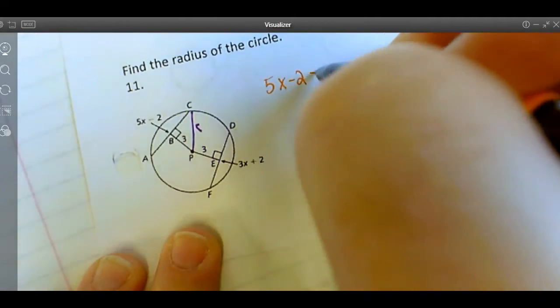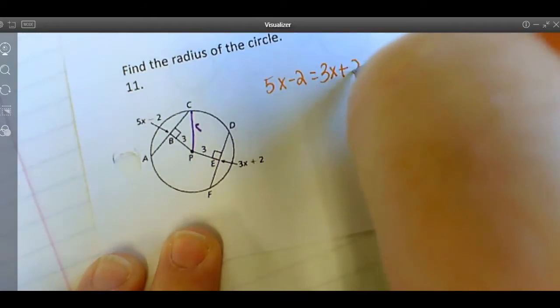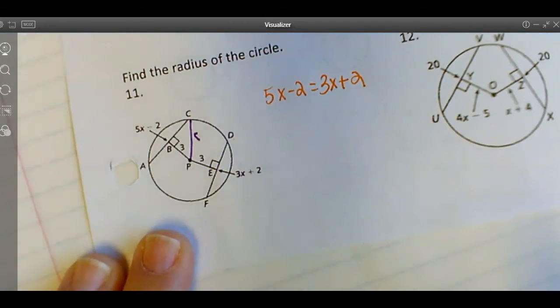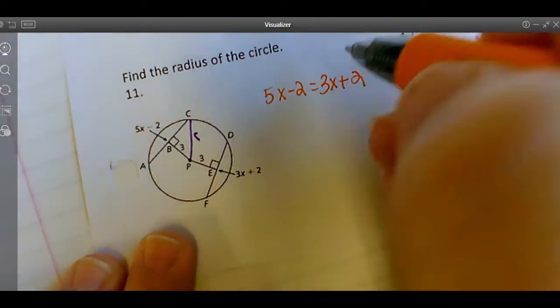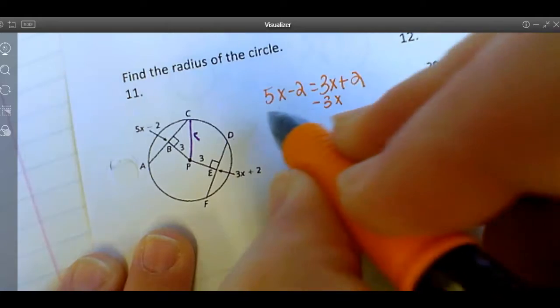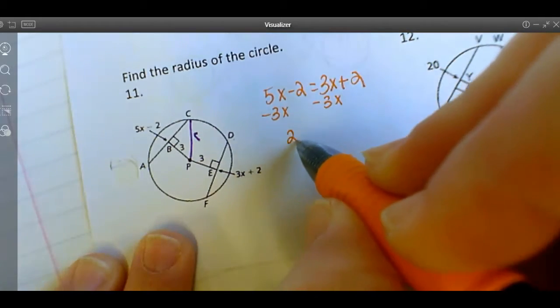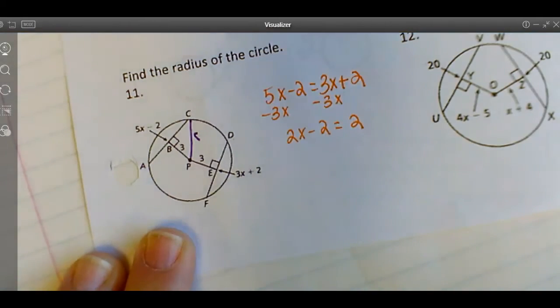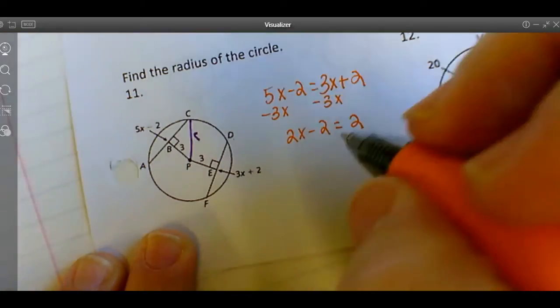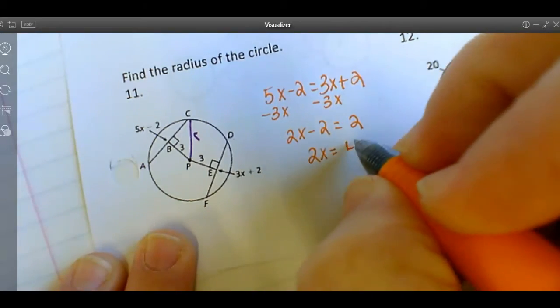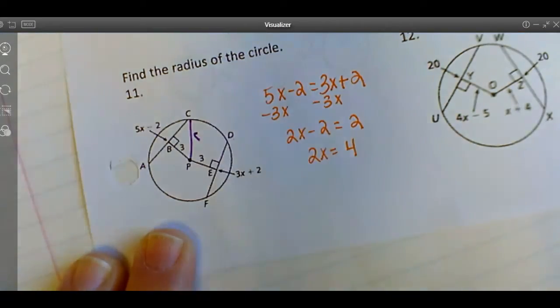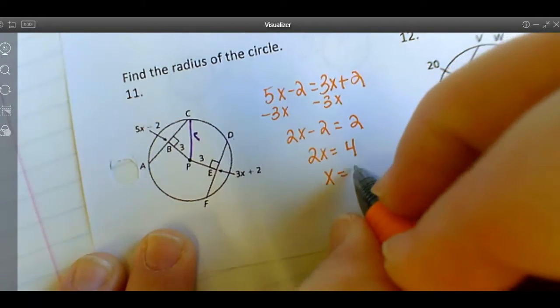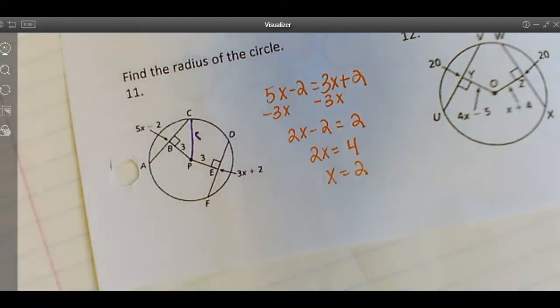So 5x minus 2 is 3x plus 2. Okay? Trying to get x by itself, so I'm going to subtract 3x on both sides. Then I'm going to add 2. Then I'm going to divide by 2. Okay, so x is 2.